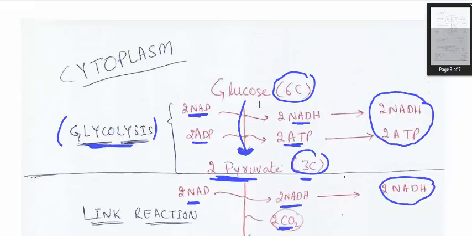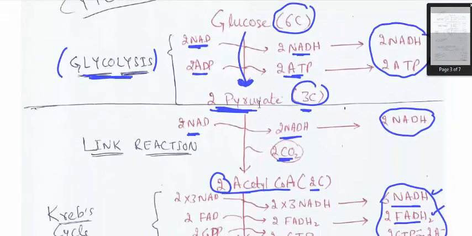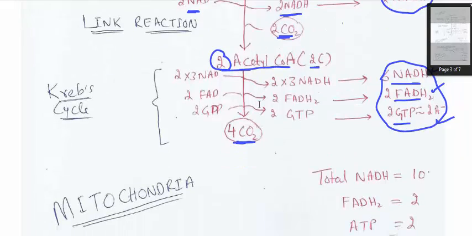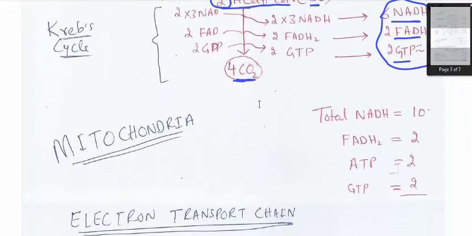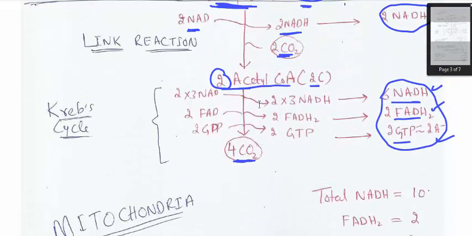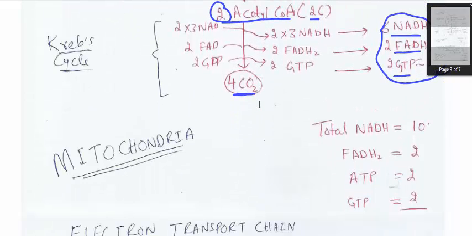So this is how glucose first is oxidized to pyruvate, that pyruvate is oxidized to acetyl-CoA, and then acetyl-CoA enters into the Krebs cycle to make carbon dioxide. And in that whole process, what did we get? We got 10 NADH, we got 2 FADH2, and we got 2 ATP, these ATP from glycolysis, and we got 2 GTP from Krebs cycle. So total we got this product.